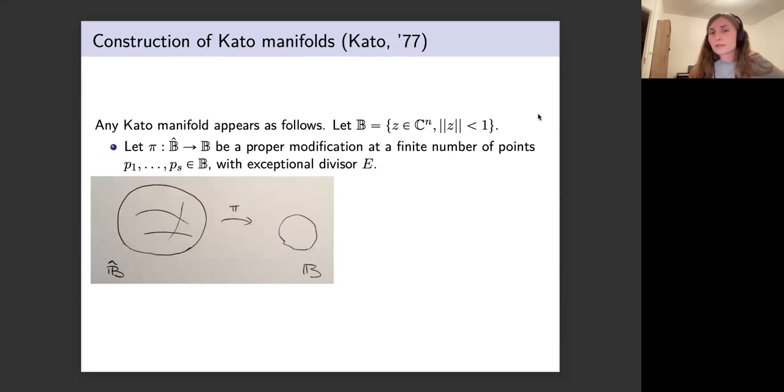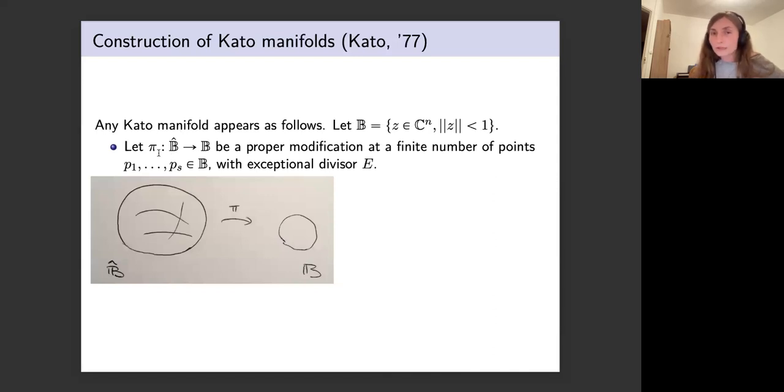And also proper means that the preimage of these points will be something compact, and it has to be of codimension 1 in this new manifold. So examples of this are, of course, blowups, but they can also be more complicated than just blowups. They can be locally blowups, but globally not blowups.